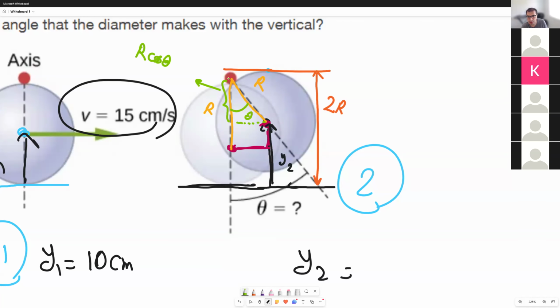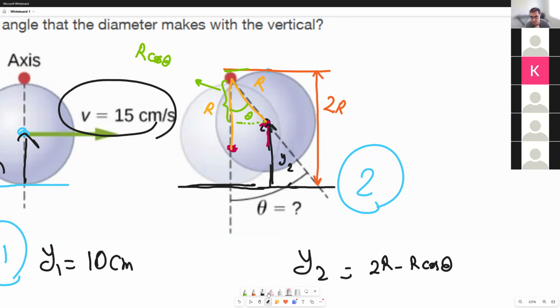Then 2r minus r cos theta would be y2. Is that what you're saying, Eric? Yes. Do you agree with Eric? Any disagreement? No, that's totally correct.